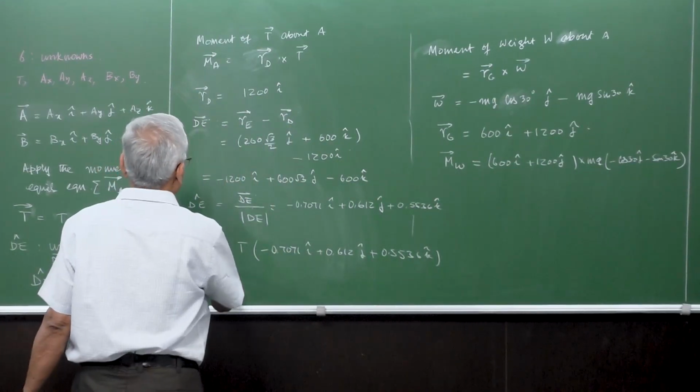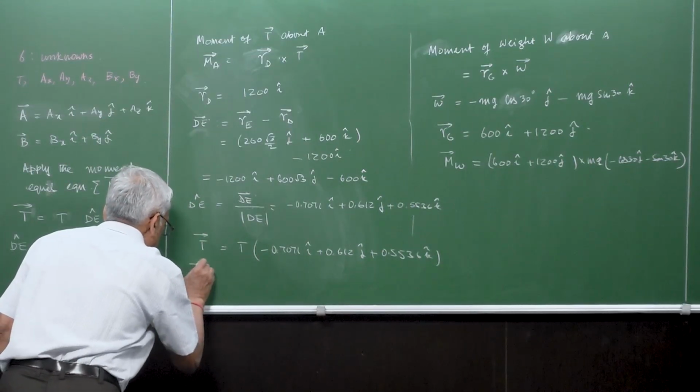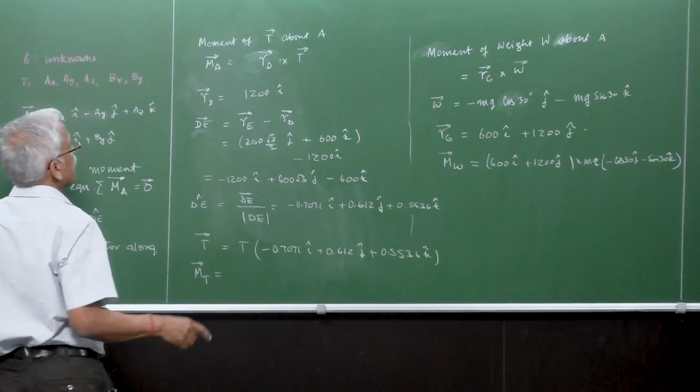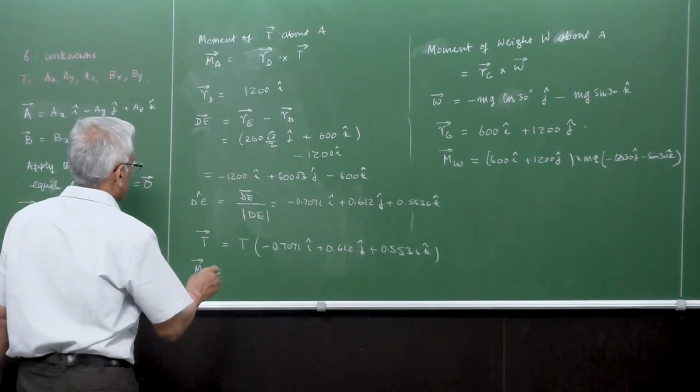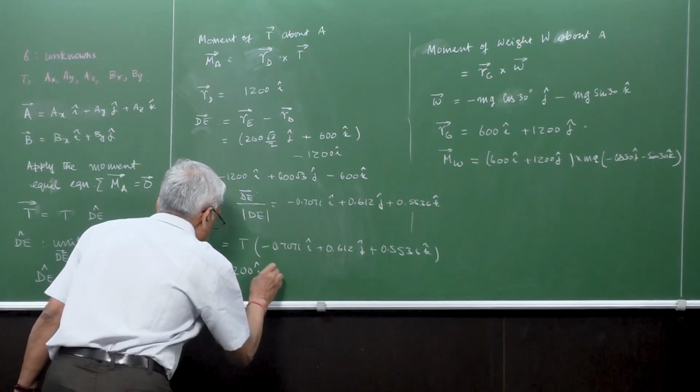If you want, I can also write here for the moment of T. Moment of T is Rd, that's 1200 i, cross this one.